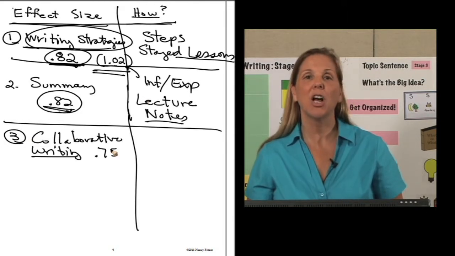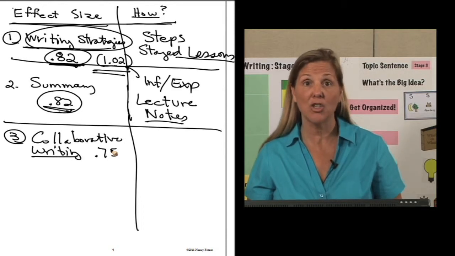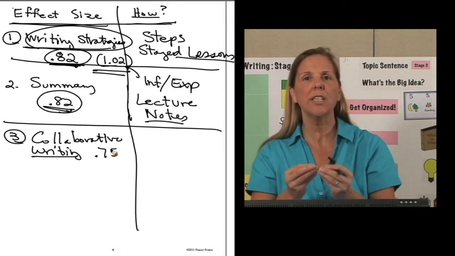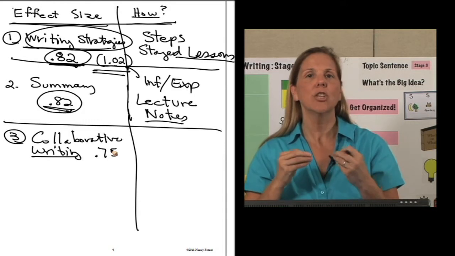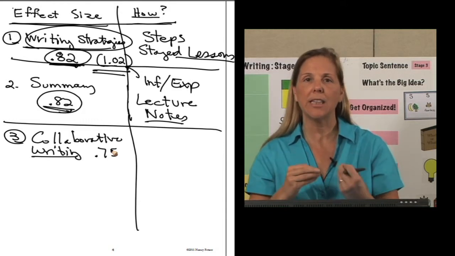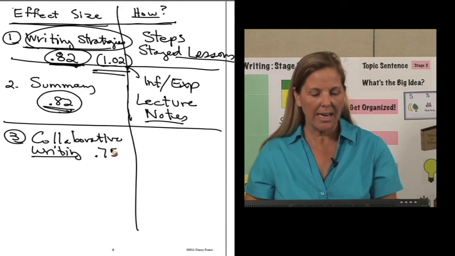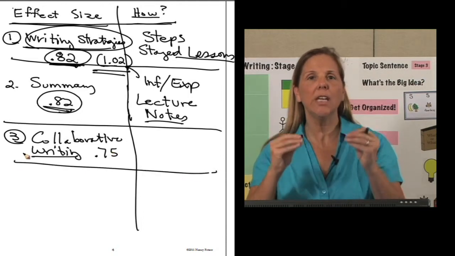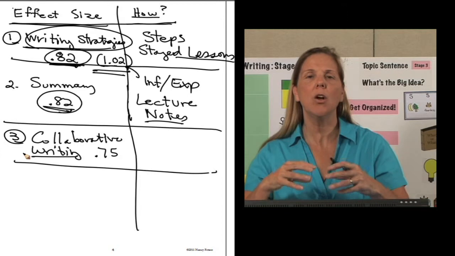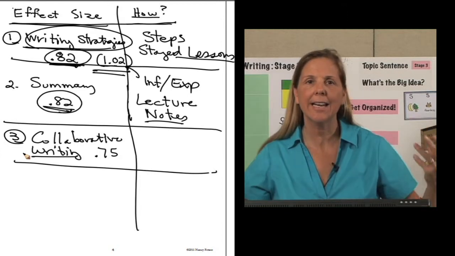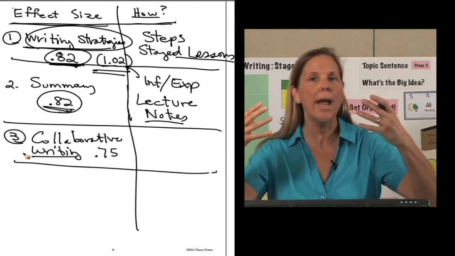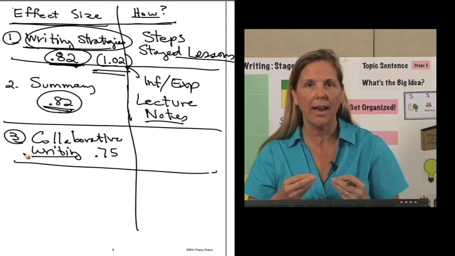Number 3 deals with collaborative writing as a strategy, when students are working together to plan, to draft, to revise and edit their work in small groups or as partners. This activity is absolutely essential. We know that learning is not an isolated activity. Writing is not an isolated activity.